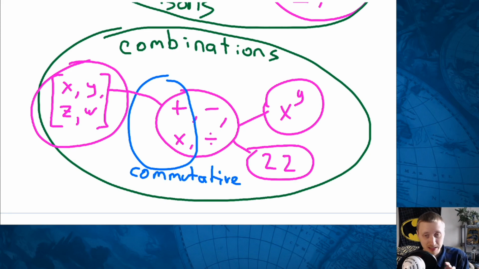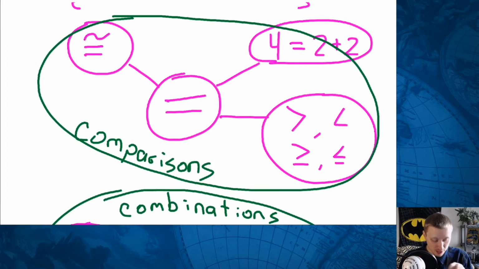And this is where all the math happens. The study of these relationships, using these relationships to combine numbers, to compare numbers to each other, is where all the math actually happens. All the numbers themselves, yes, those are the building blocks, those are the basic elements that we'll be using. But the math properties, right?